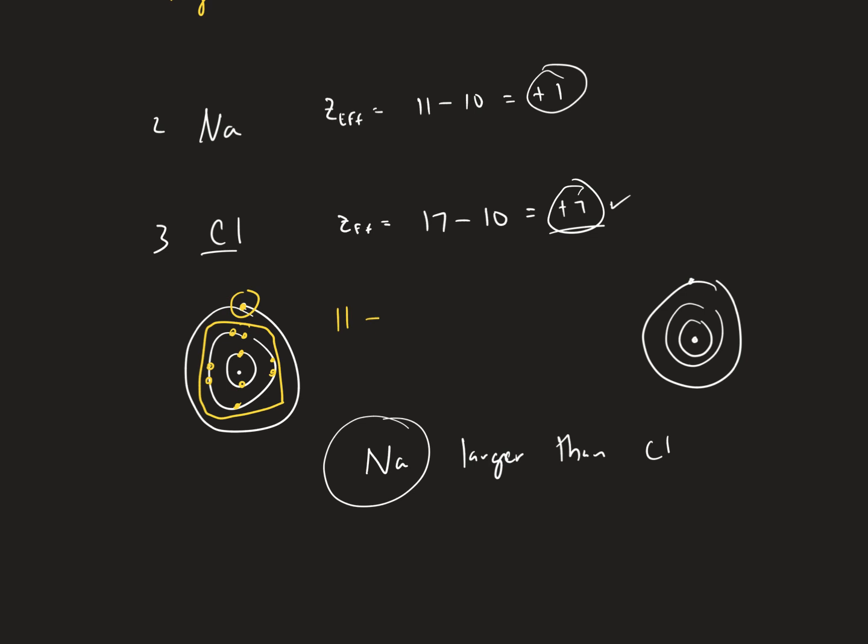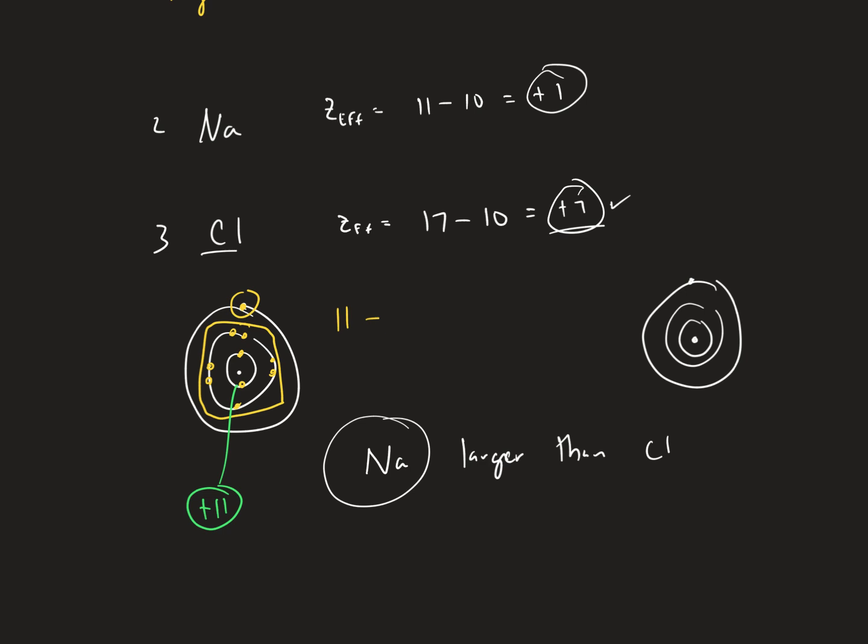Because electrons do what to one another? Repel each other. So we got repulsion going on. But on this one, we've got a positive 11 in our center that's pulling everything into it, right?